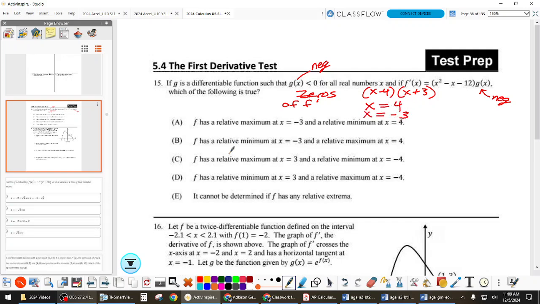Oh, I flipped them. So that kicks out these 2. I wouldn't necessarily kick this out yet, but all right. So then let's just kind of narrow it down between those 2. So in order to have a maximum at negative 3 and a minimum at negative 4, what has to be true?